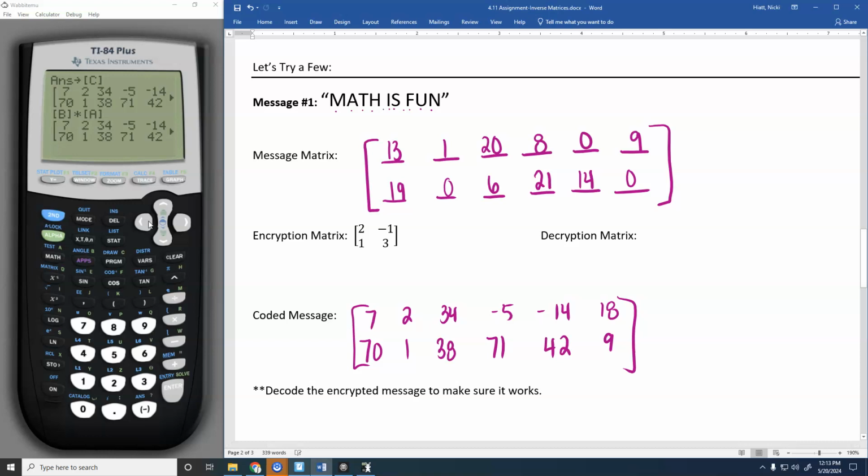So you could send that message, and it would be secret. Nobody could know what it says. And then they would need to be able to decode it, because whenever they get that, it's going to be nonsense, right? They're not going to be able to know what you mean whenever they just get this. So we need to make sure that we can decode here.